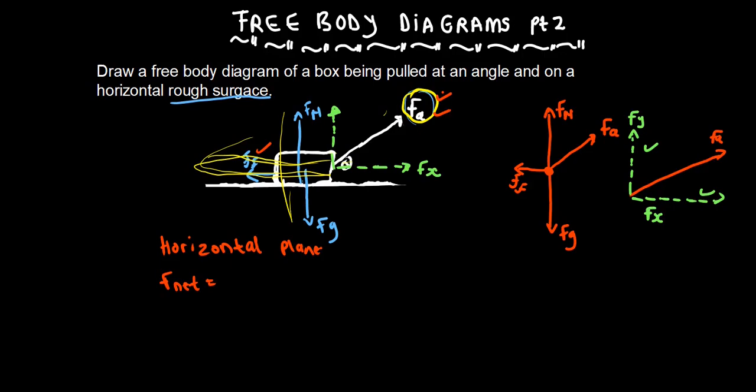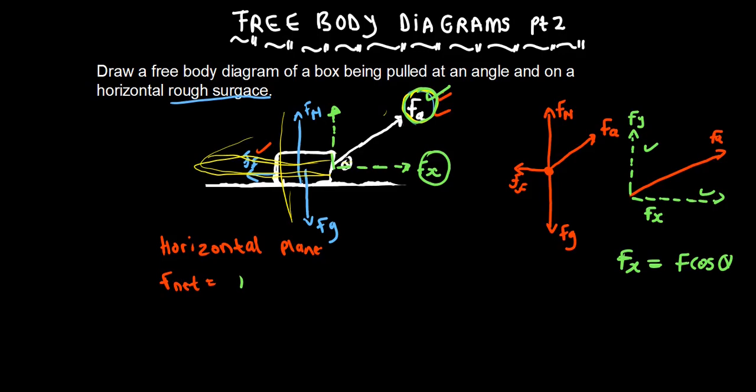It means now when we look at our net force along the horizontal plane, instead of using our force applied, we're going to use our Fx, which is the horizontal force. And this horizontal force equals our Fa, the force applied, cos of theta.